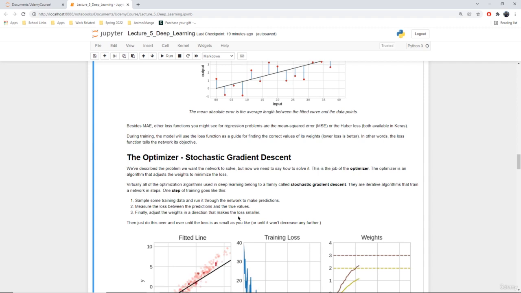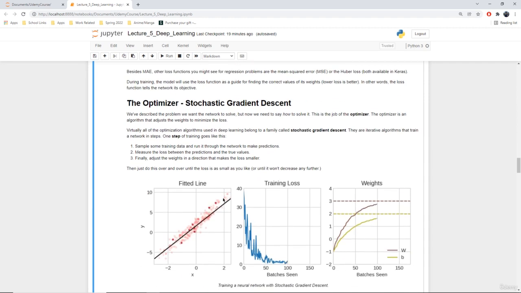We can tell the neural network how to solve a problem using an optimizer. The optimizer adjusts the weights to minimize the loss. Almost all optimization algorithms belong to the family of stochastic gradient descent. In one iteration of training with stochastic gradient descent, we might follow a process like so.